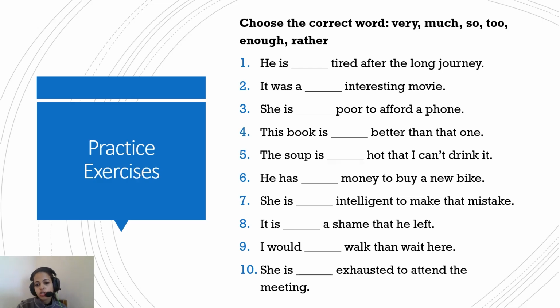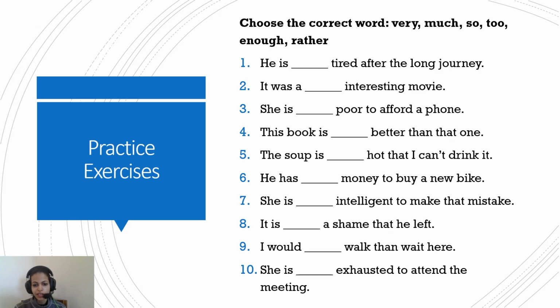She is dash intelligent to make that mistake. So she is too intelligent to make that mistake, because she has committed a mistake. So there is a negative implication here. So she's too intelligent to make that mistake. That would be the correct choice. It is dash a shame that he left. It is rather a shame that she left. So here, to emphasize, it's rather a shame that she left, because it is enough a shame that she left doesn't make sense.